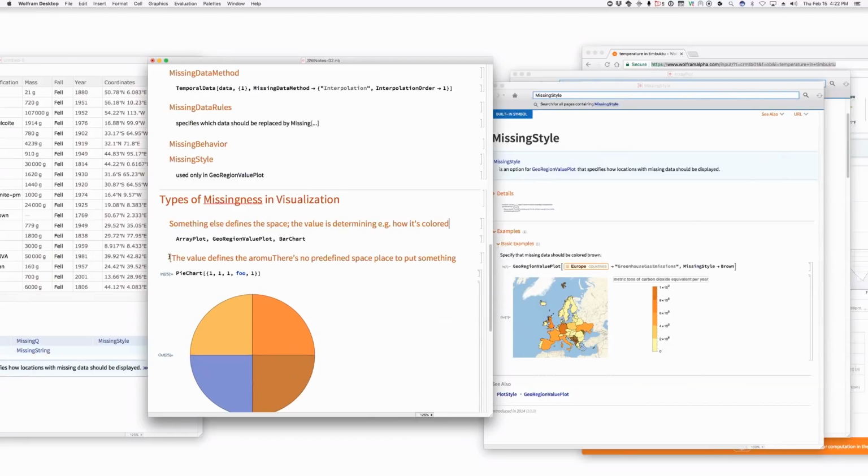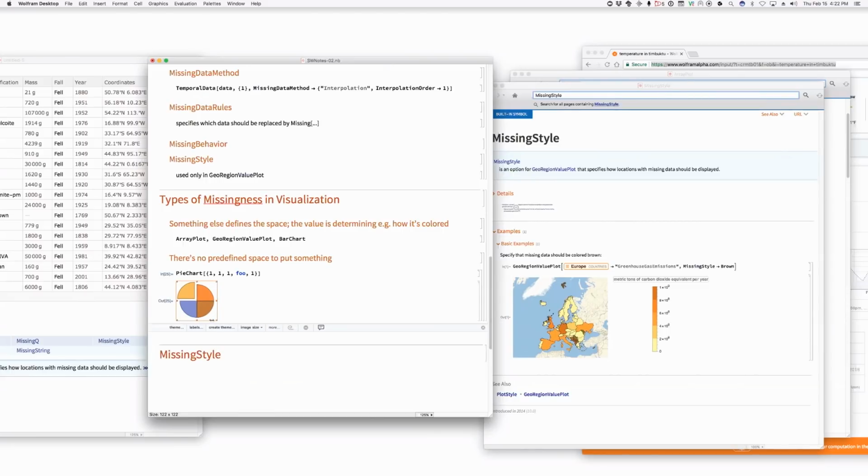Okay, so that's one situation there. The second thing is there's no predefined space to put something. Another one is, to some extent, I would separate bar chart out of that first category.